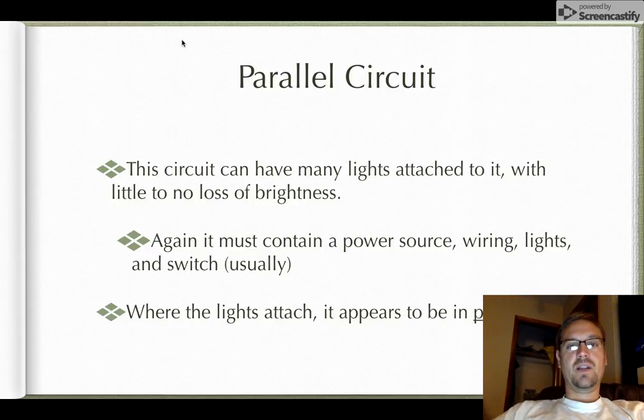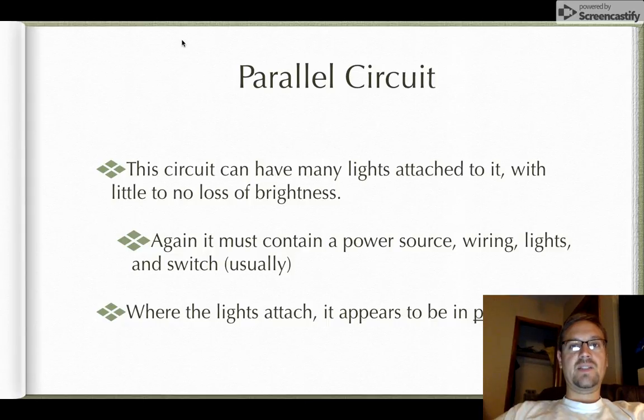A parallel circuit, this is one that we'll build a lot of this year. It can have many devices attached to it, like many LEDs, and the LEDs will all be bright. You still have to have a power source, usually a switch, and some wiring or jumpers to connect those.